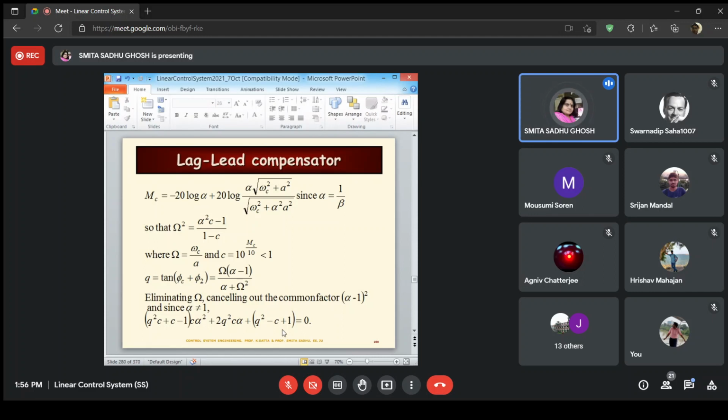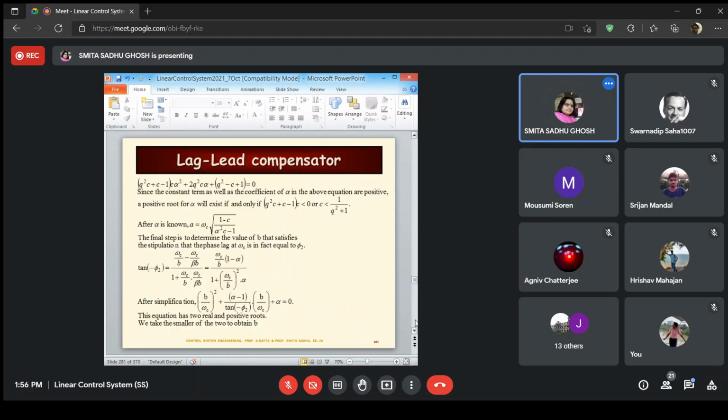And similarly, by numerically arranging things, we come to a similar expression that is a quadratic in alpha, with Q and C being known quantities. Once the Q and C values are known or decided upon, alpha and A and beta can also be calculated.